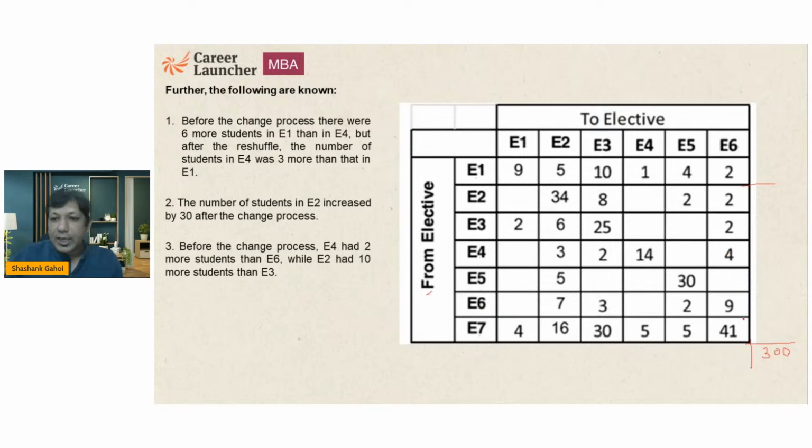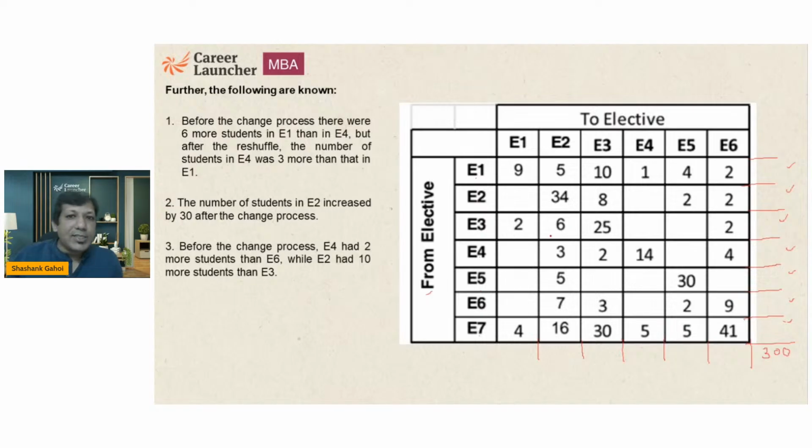So there are 7 electives initially, and whatever these summations are, these are the initial values. And these numbers are the final values. And the total number of students is already given as 300.